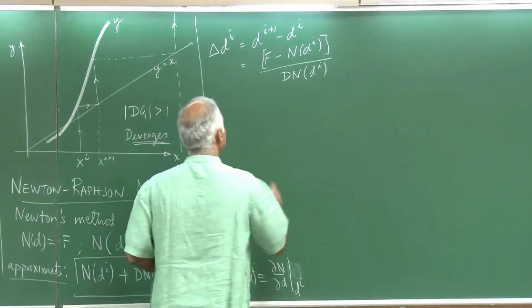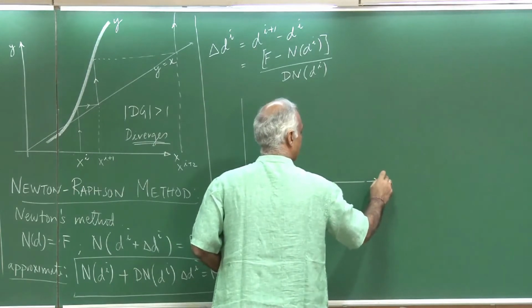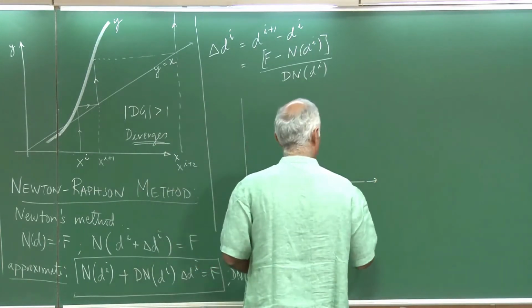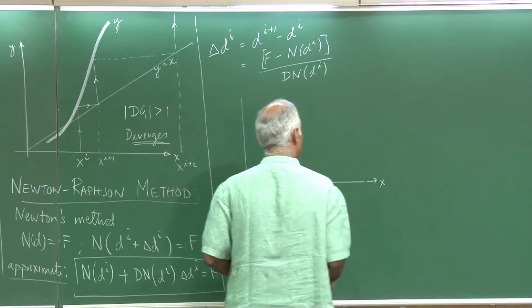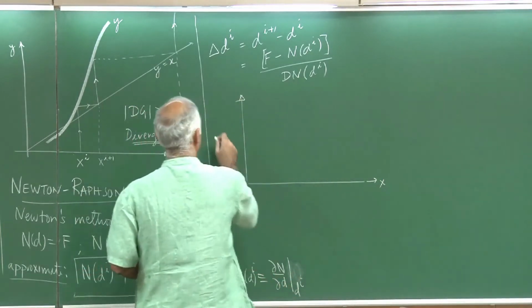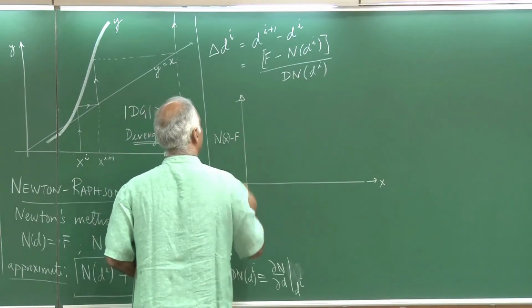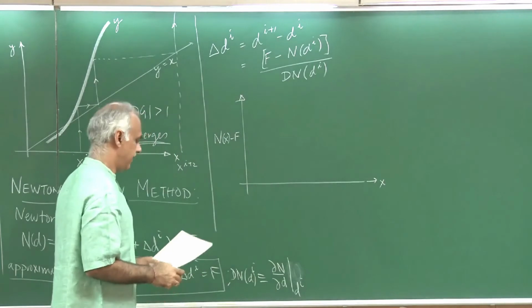So geometrically, we can show it like this. So this is my, let's say, axis. Suppose I want to call it x, and over here I have N(x) minus f.